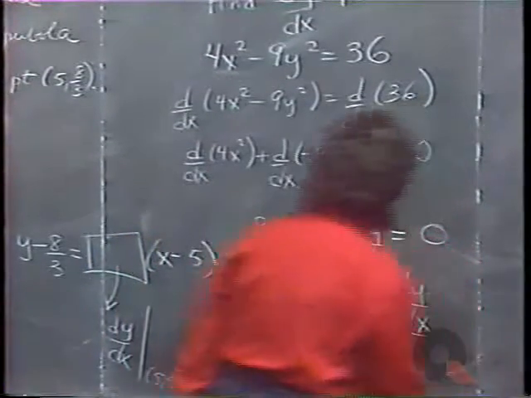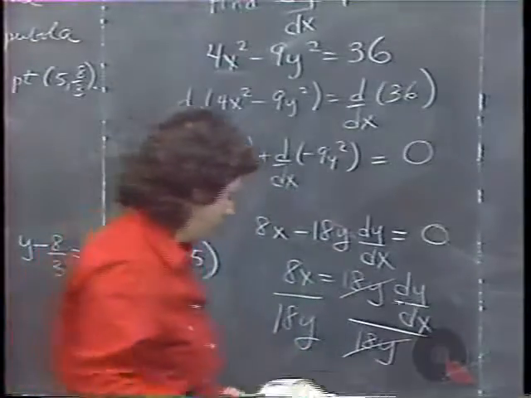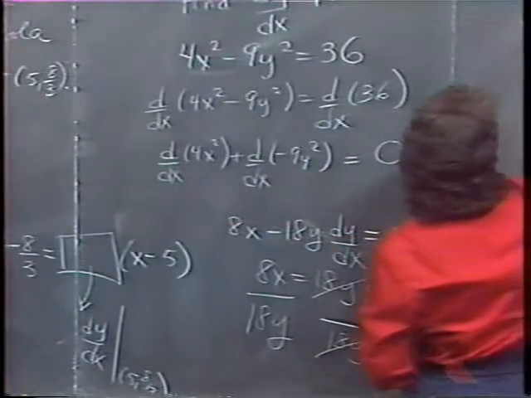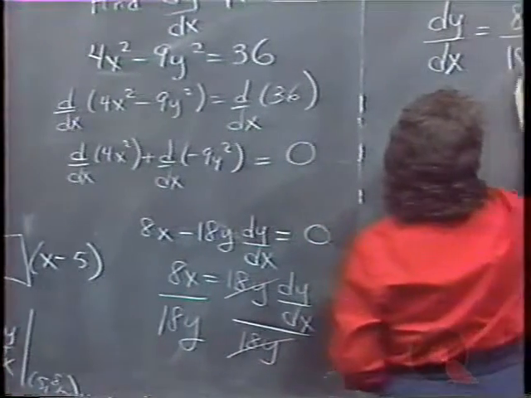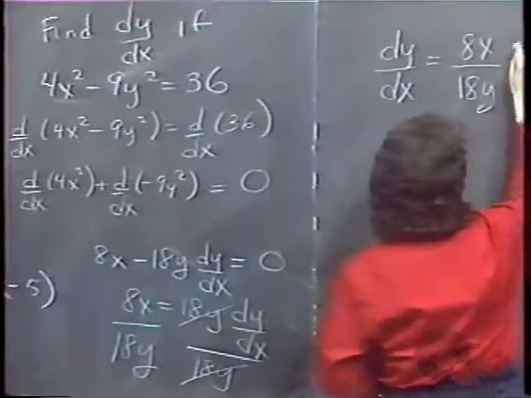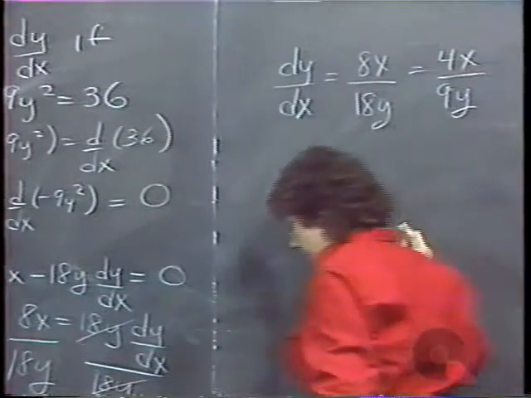So that I get dy/dx is 8x over 18y, or 4x over 9y.